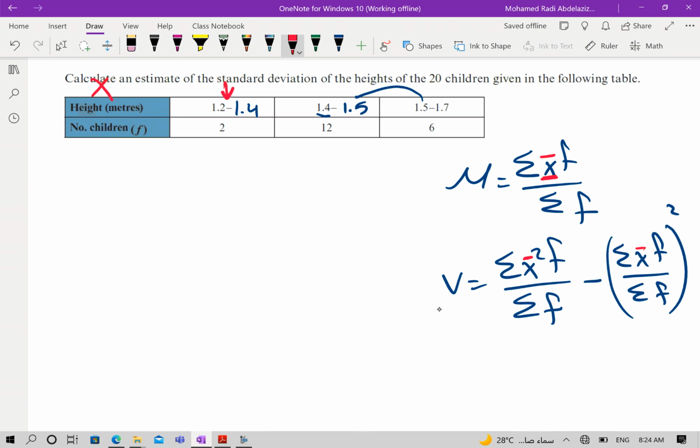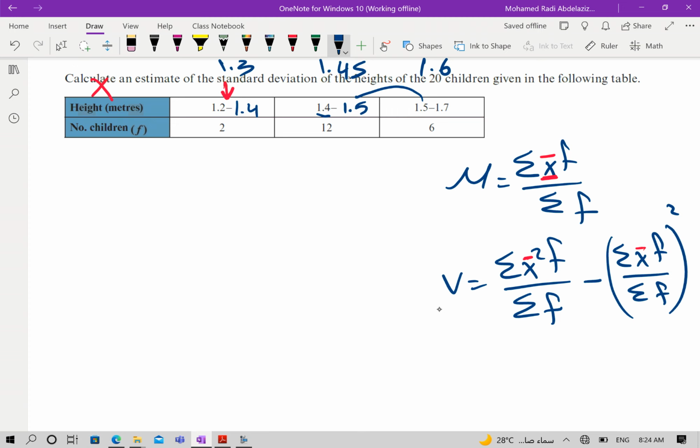The first group, what is the mid interval? 1.2 and 1.4, so 1.3. The next, 1.4 and 1.5: 1.45. Right? 1.5 and 1.7: 1.6.